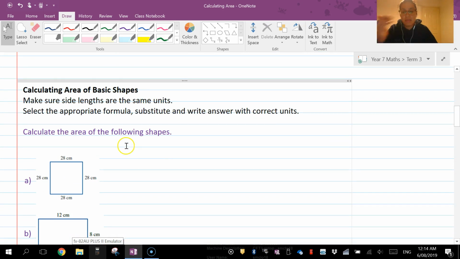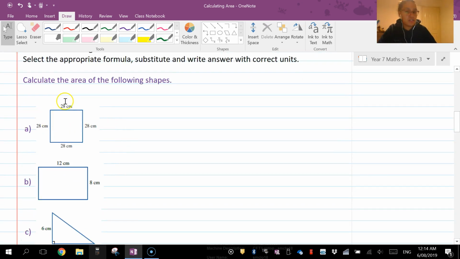So calculating basic shapes, if you have a square, it's still length times width. Some people like to write length squared because that's what makes a square a square. You're multiplying 2 sides, one number by itself. So area equals length squared. Substitute in, L is 28 centimeters, and that is going to give us, quick calculation, 784 centimeters squared, because we're calculating area.